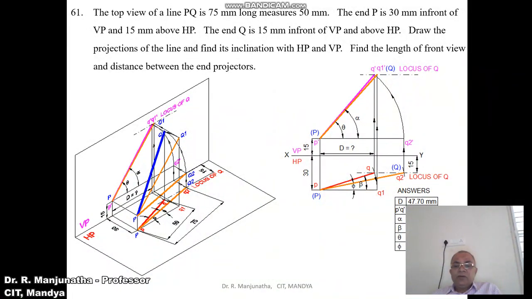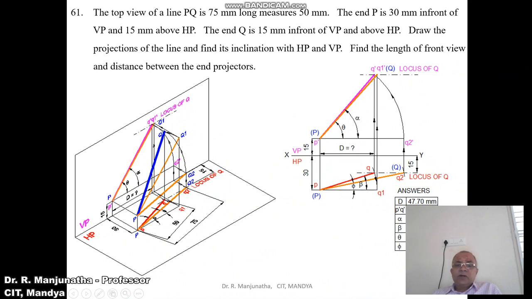When you are doing it in manual, it will be 50 degrees. Similarly, with the same point, you measure the angle theta, which will be 48 degrees when you are doing it in manual. When you are doing it in computer, it will be 48.19 degrees.